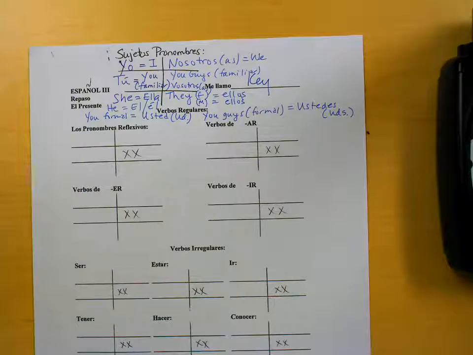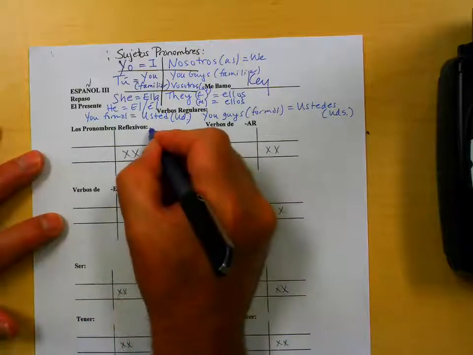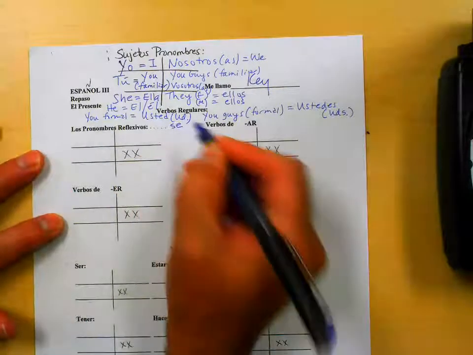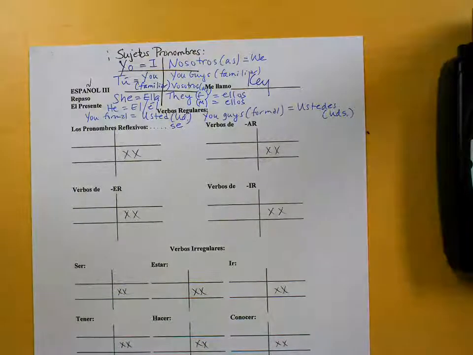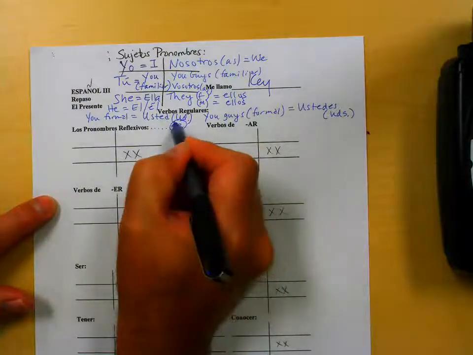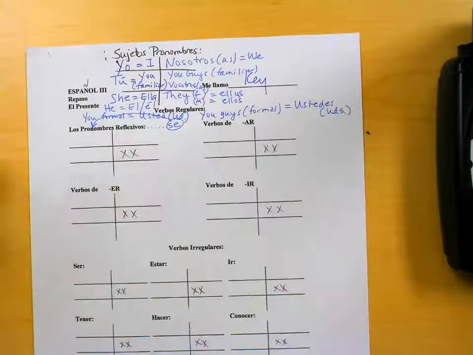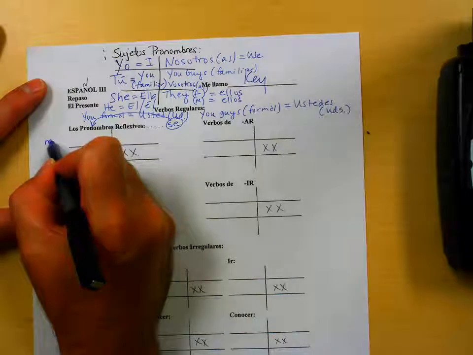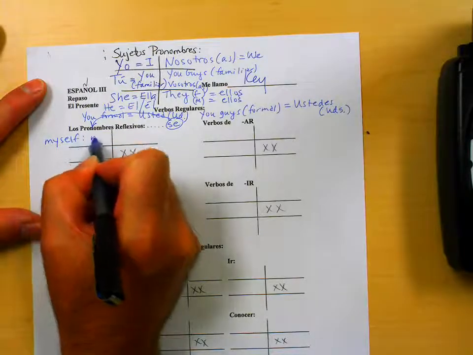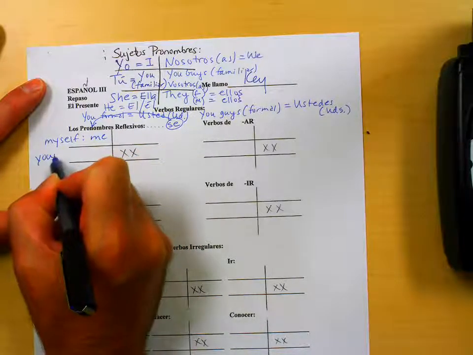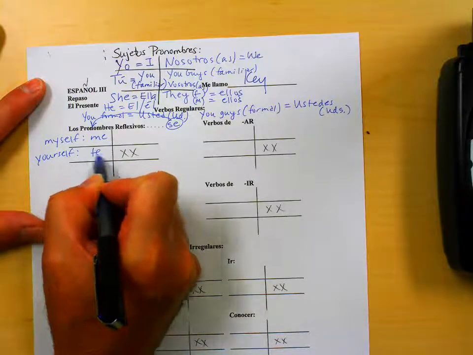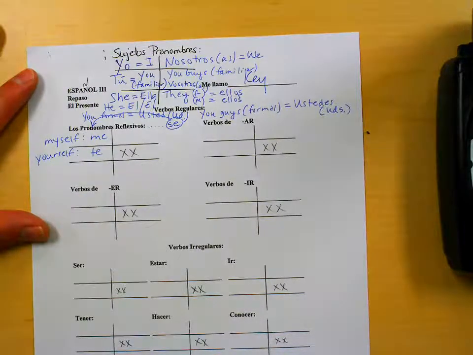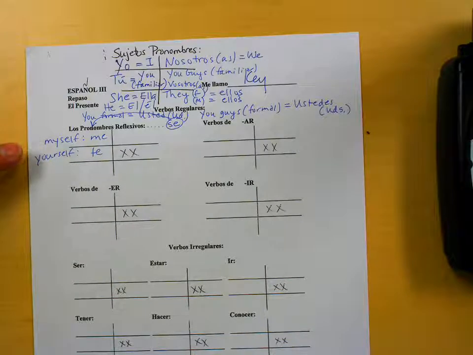Your reflexive pronouns. If you remember, these are for verbs that end in se. First thing you do is take off the se and put it in front of the conjugated verb. So to say myself, you say me. Yourself is te. You probably remember in Spanish 1, ¿Cómo te llamas? is what do you call yourself, or what is your name? To answer that, you would say me llamo.